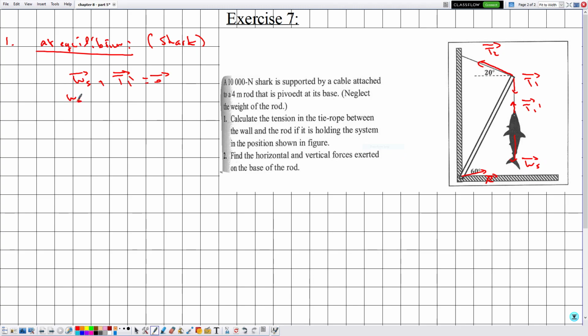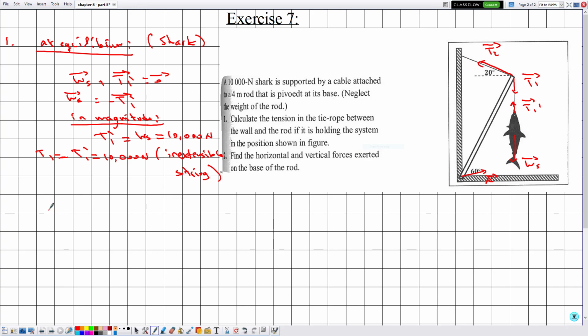So Ws is equal to minus T1 prime. In magnitude, T1 prime is equal to Ws, which is equal to 10,000 newtons. T1 is equal to T1 prime in an inextensible string. Even if not mentioned, we are not able to solve the exercise unless the string is inextensible.